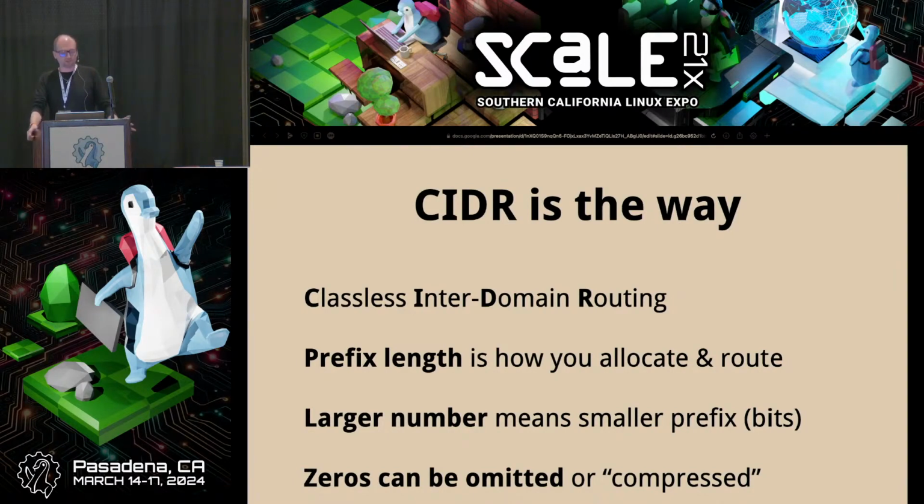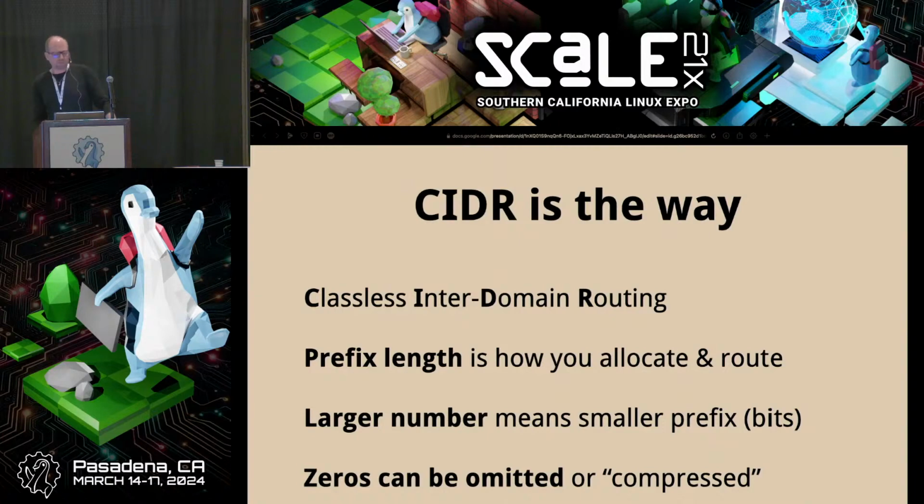And so CIDR was devised, which is classless interdomain routing. And that's where the whole designation of the network and the prefix lengths came from. And effectively, the larger your prefix length, the larger that number. So for example, in IPv4, 32, that's the largest amount of bits you can have in IPv4, represents the smallest network, a host, which is a network of one.